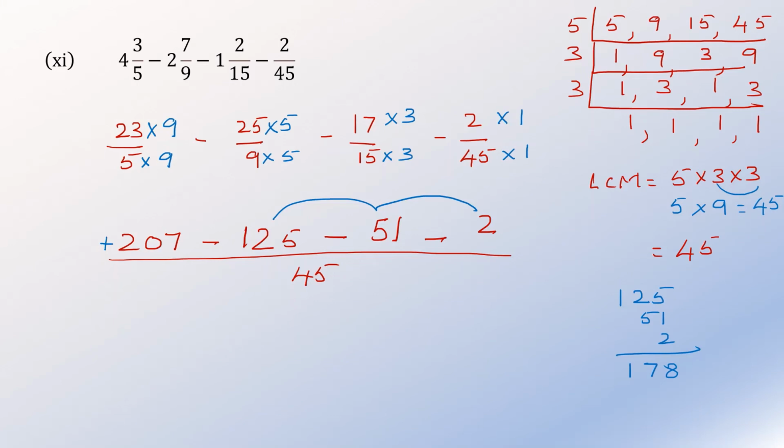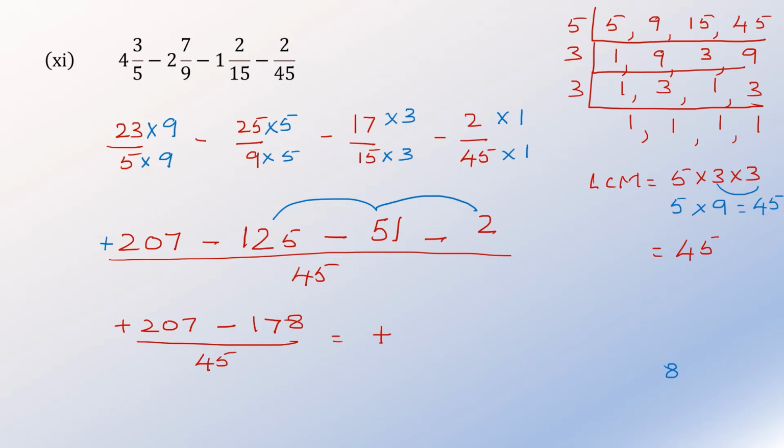So here we get plus 207 minus 178 by 45. Okay, so when signs are different, we put the sign of the bigger number and we do normal subtraction. So we subtract 207 and 178. Now 7 is smaller, so we have to borrow, but that's also small, so we borrow from here 1.